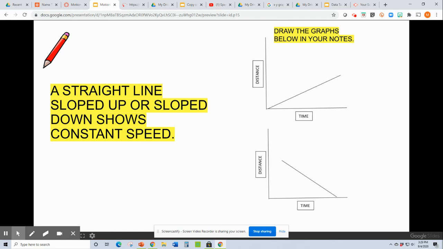So whatever that particular speed is, it's not changing. They're not speeding up, they're not slowing down. That nice straight sloped line up or a nice straight sloped line down means they have a constant speed. Their speed is not changing.